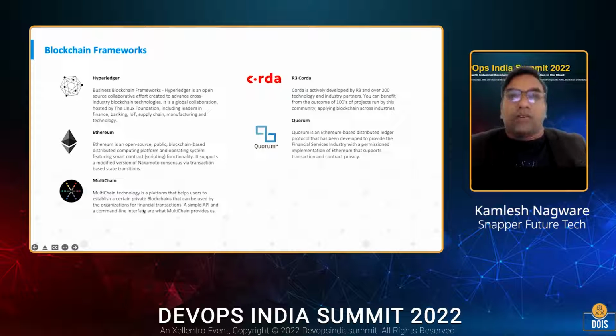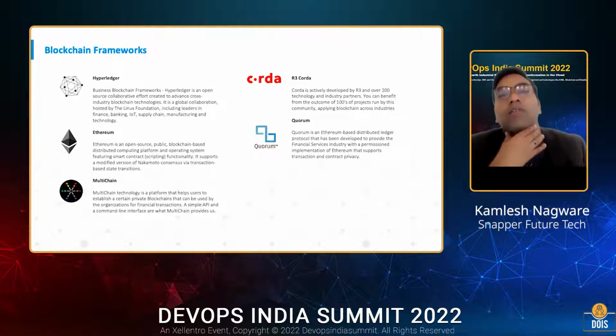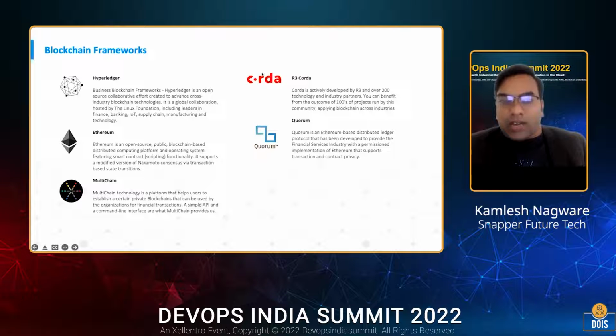So when blockchain started trending, a couple of different companies and communities started different protocols to solve problems, but all the blockchain frameworks share the same similar concepts: trust, transparency, security, and distributed ledger. Then R3 Corda, which is an enterprise blockchain for solving especially financial services, banking, and insurance use cases.